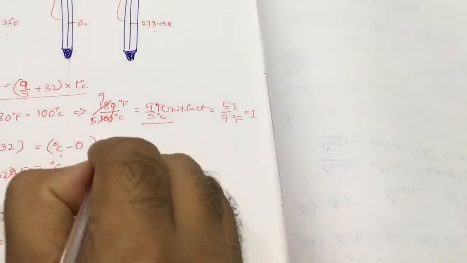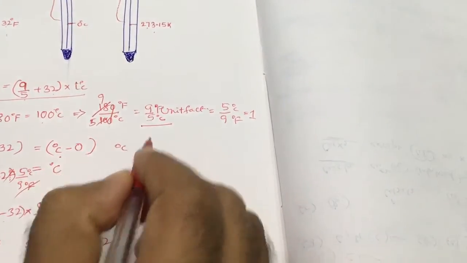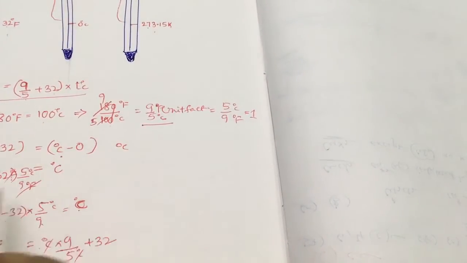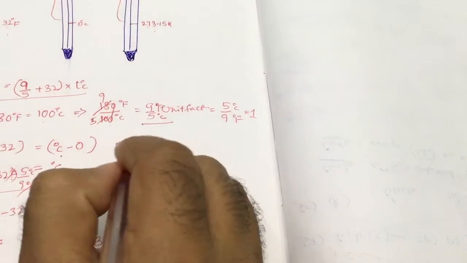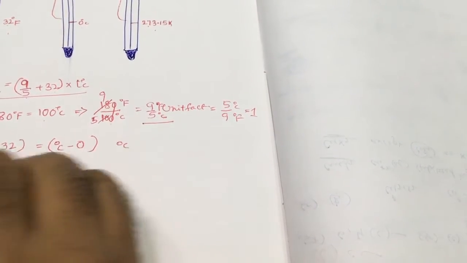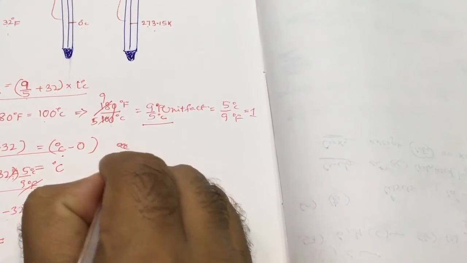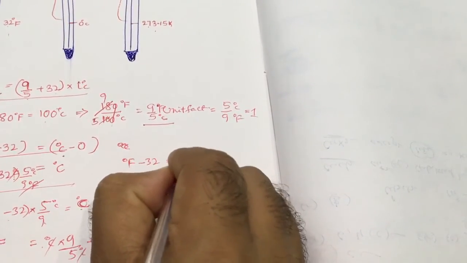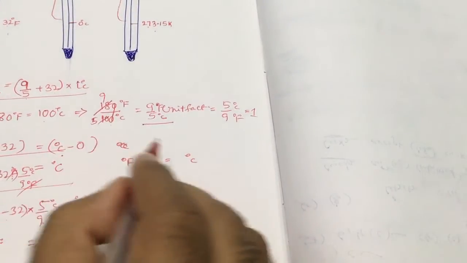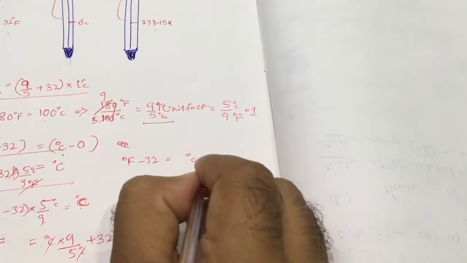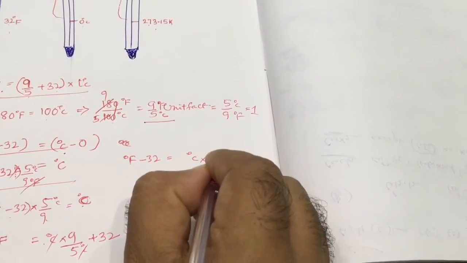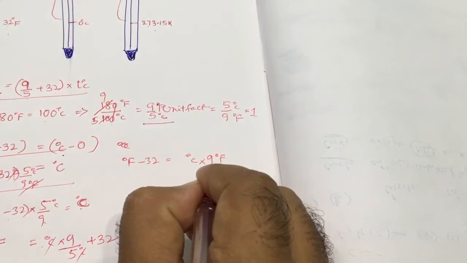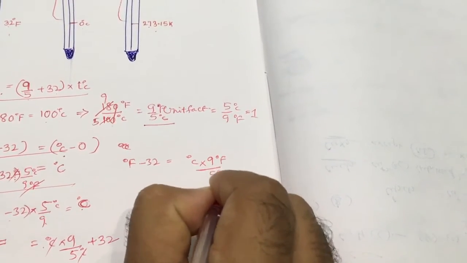Otherwise, if you want degree Celsius, what is the formula? According to this we can convert. So degree Fahrenheit minus 32 is equal to degree Celsius. Now the degree Celsius unit should be cancelled, so 9 degree Fahrenheit by 5 degree Celsius.